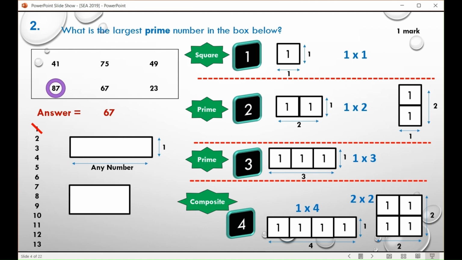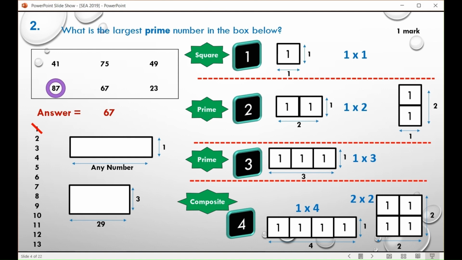What else can go into that? Well, we know 3 into 87 is 29. And if we're having problems to remember that, we know 2 can't go into it because 2 does not go into a number ending with 7. So we try 3.